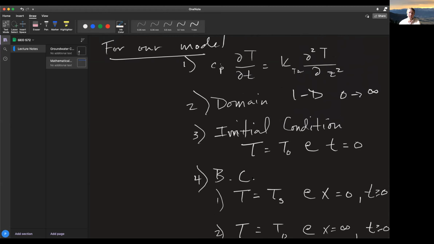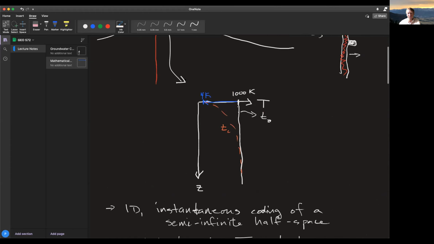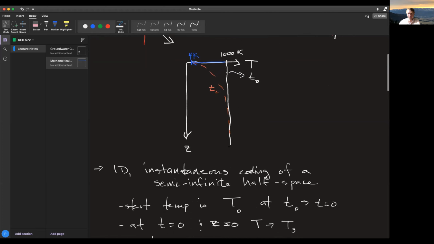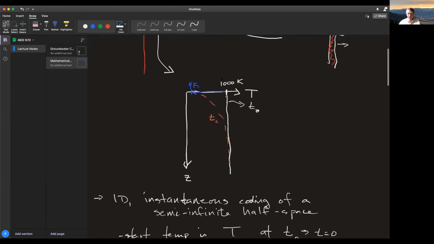This is an important thing that we've done. First of all, we've taken this problem, cooling of oceanic crust, and we've come up with a way to simplify it by looking at symmetry and saying I could approximate this just by one-dimensional cooling. We've decided what the conditions are at the boundaries of our domain.